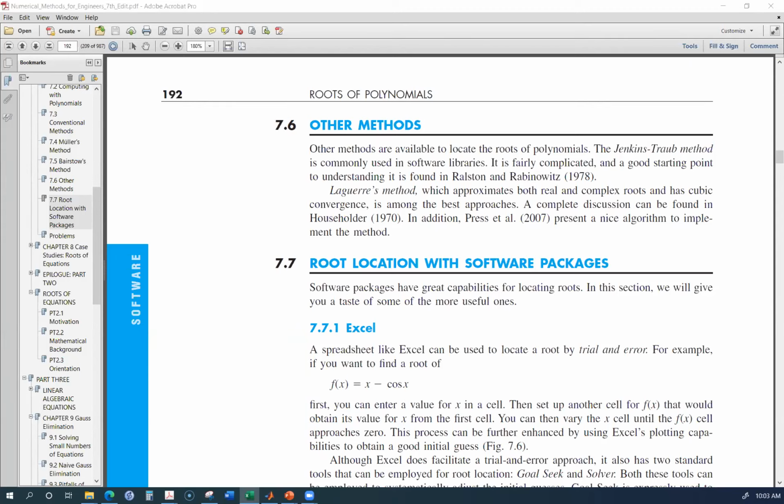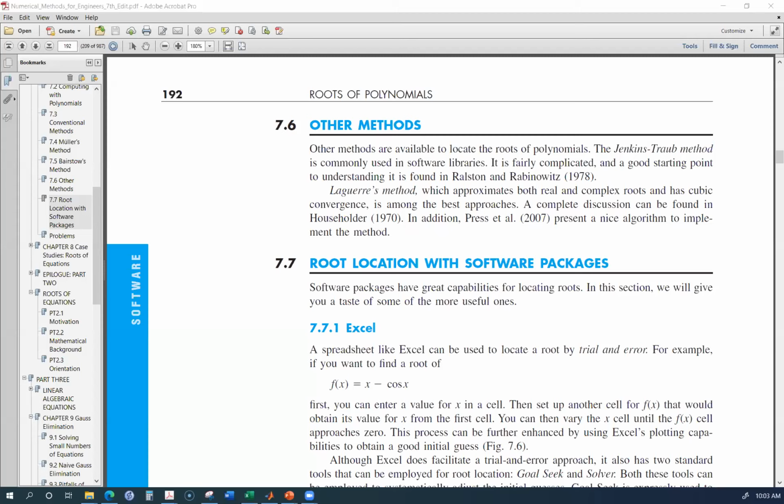Okay, so we suppose you cannot see Excel. You can only see the PDF. Yes, so in this PDF, can you see Excel now?